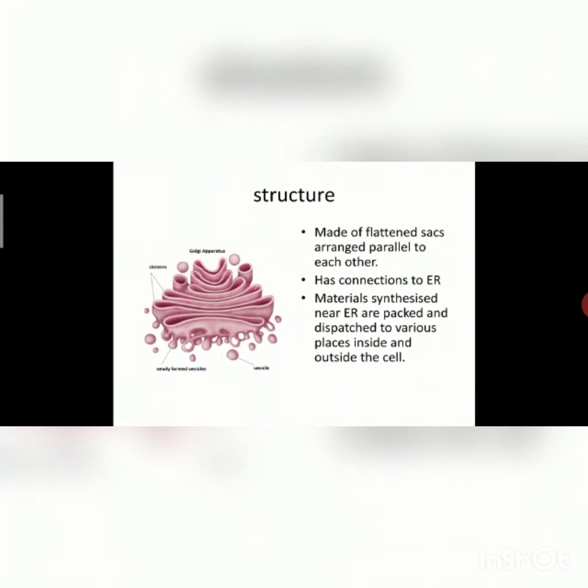Yes, the rough endoplasmic reticulum synthesizes proteins, and the smooth endoplasmic reticulum synthesizes lipids. Now the lipids and proteins that are synthesized in the endoplasmic reticulum will be packed and transported to different parts, both inside and outside the cells, with the help of the Golgi apparatus.